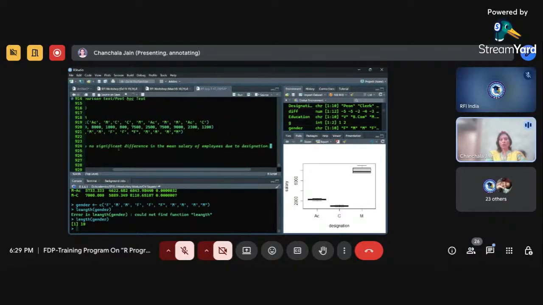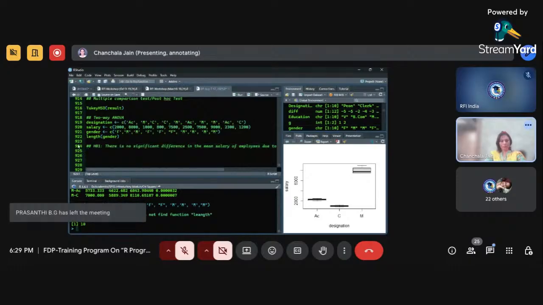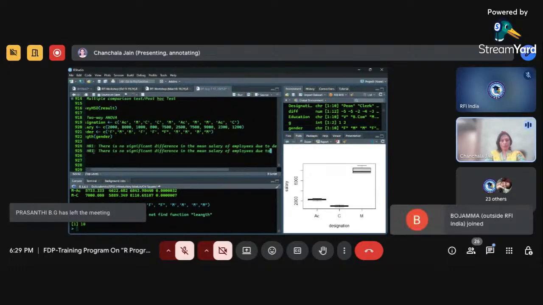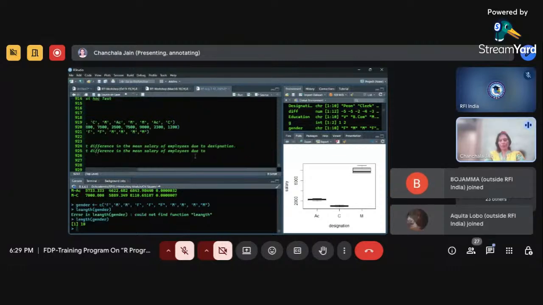There is no significant difference in the mean salary of employees due to designation. This is the first. Second will be, there is no significant difference in the mean salary of employees due to gender.